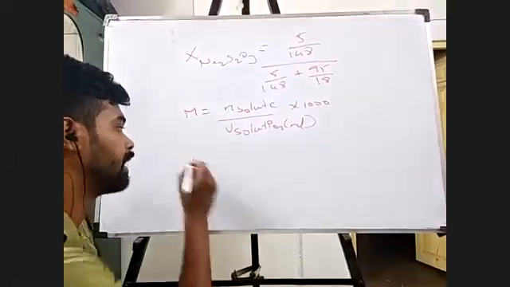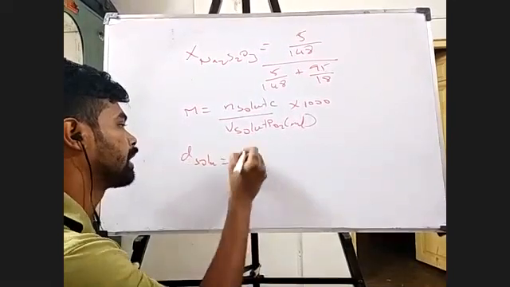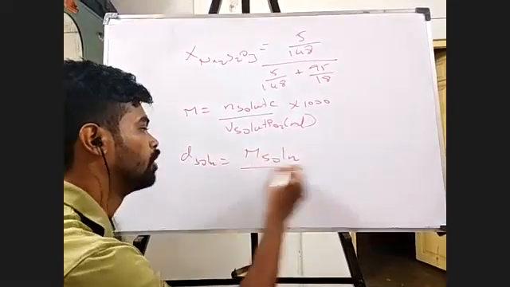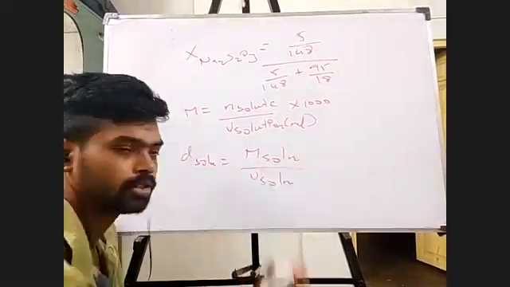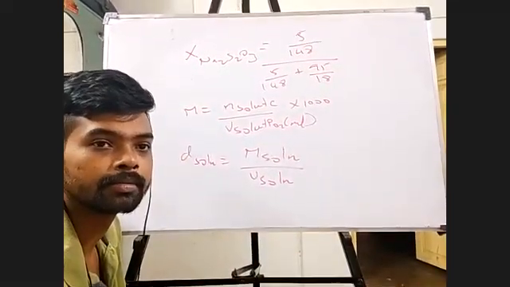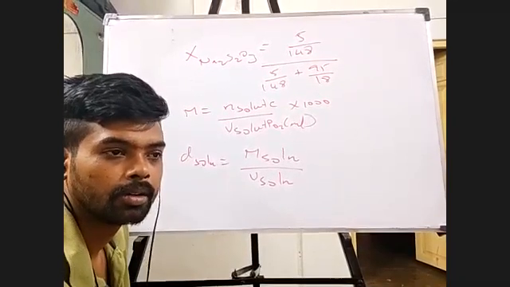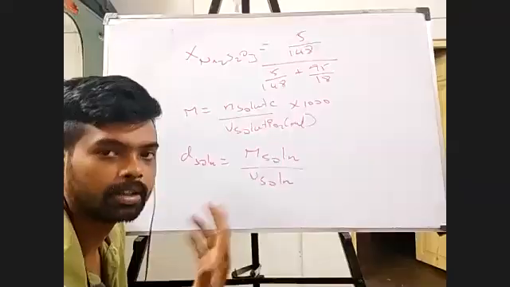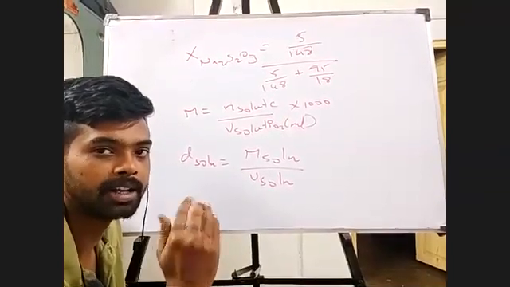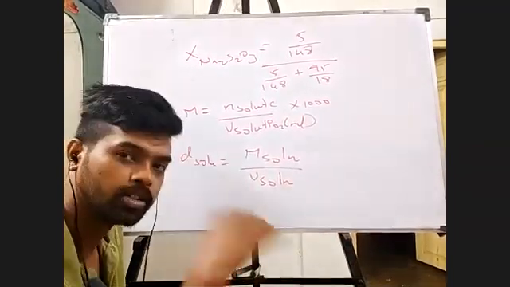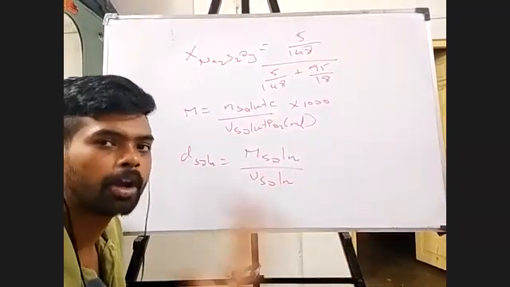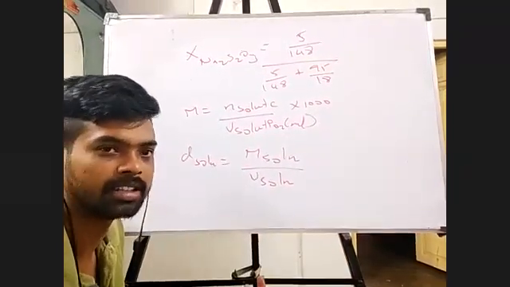So I know density of solution is equal to total mass of solution divided by volume of solution. What is the total mass of solution here? 100 grams. Exactly, that's what we assumed. See, this is how we use mass percentage. Even though they didn't give me the total mass of solution, I assumed it to be 100 grams because of mass percentage, that's what the definition is telling me.